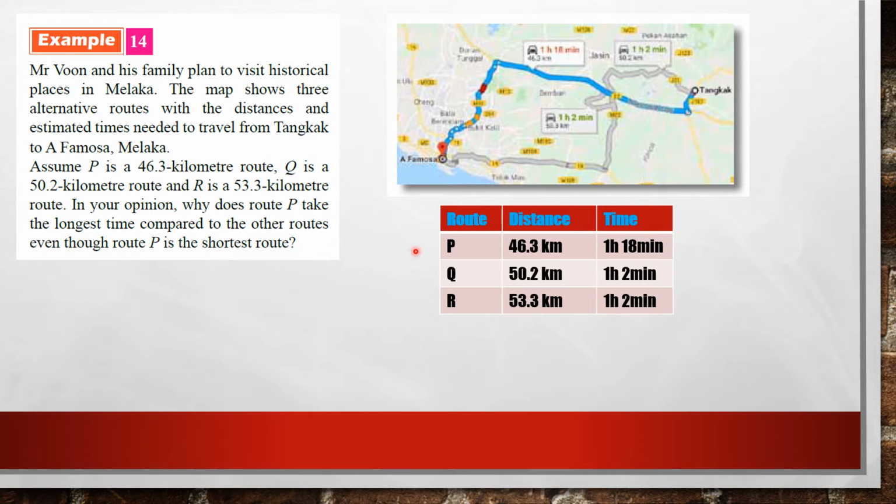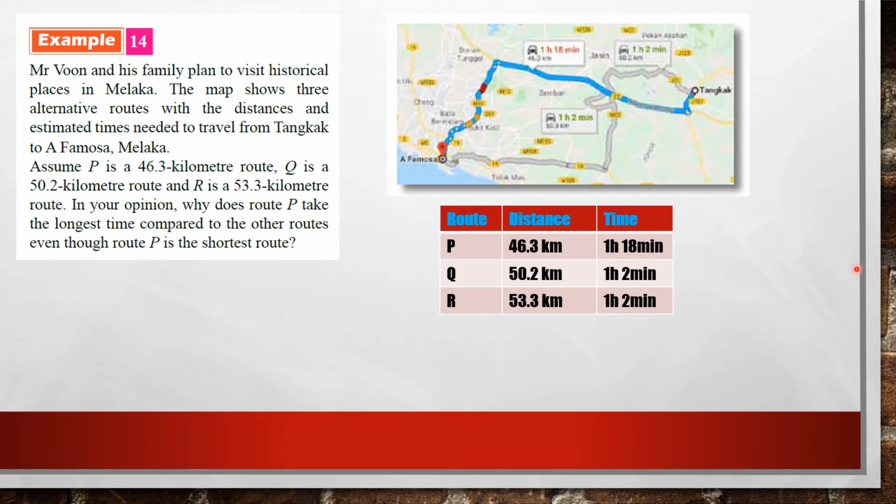So you have to explain why route P, the distance is only 46.3 km, but the time taken is longer than the other routes. So you can think why the distance is shorter but the time taken is longer.